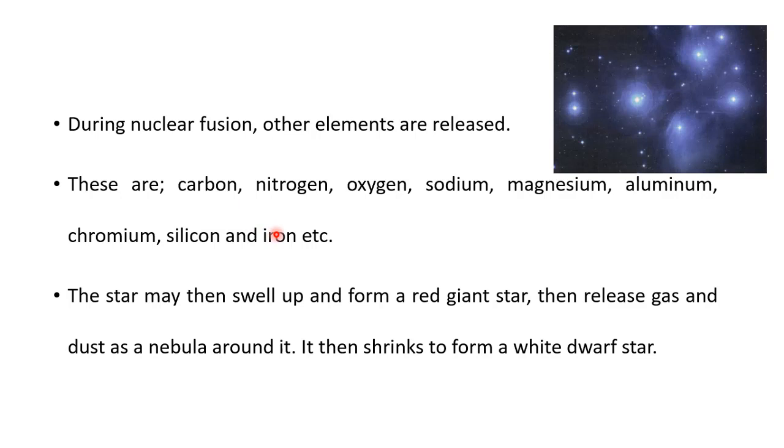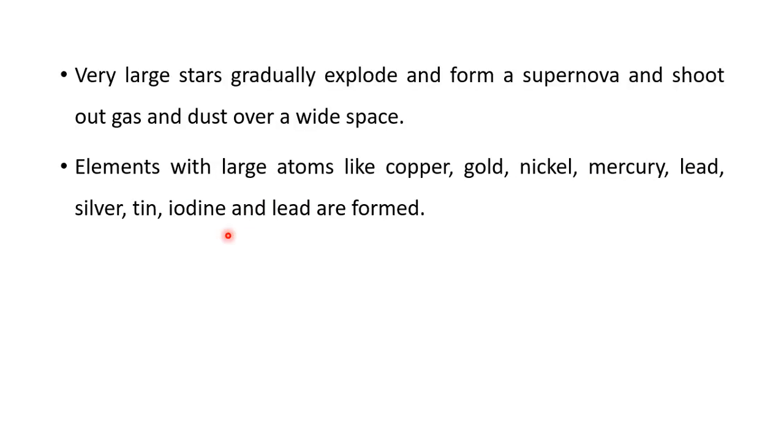There are so many. The star may then swell up and form a red giant star, then release gas and dust as a nebula around it. It then shrinks to form a white dwarf star. The very large stars gradually explode and form a supernova and shoot out gas and dust over a wide space.